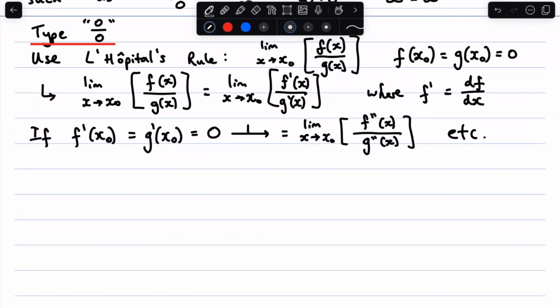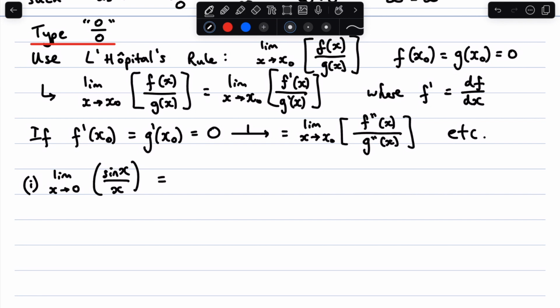So for the type 0 divided by 0, before we used our sinc function, so let's look at that first. We did the geometric proof, and now we can look at it with a more substantial proof. So in the limit as x tends to 0 of sine x divided by x, what is that going to result in? Well, we know it's the same as differentiating sine x divided by differentiating x.